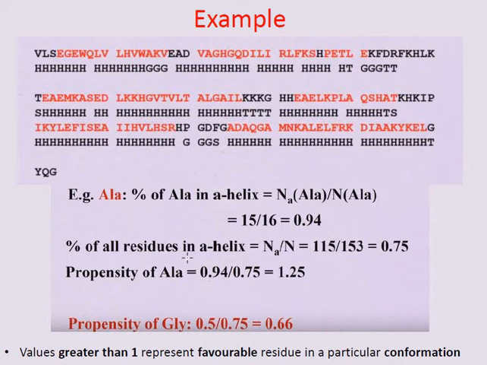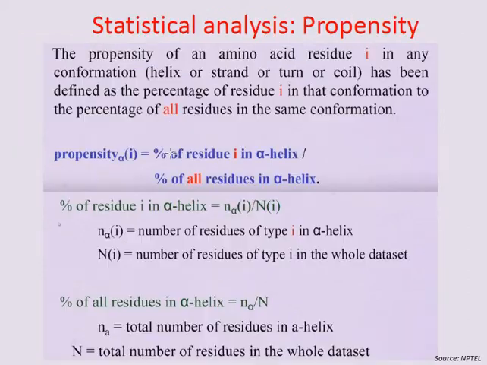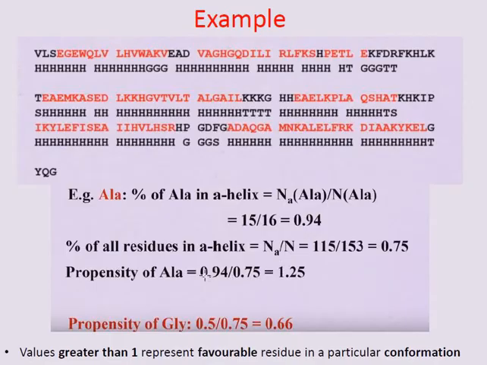Next is the percentage of all residues in alpha helix. There are a total of 115 residues highlighted in red, which form alpha helices, and a total of 153 residues. Dividing these values gives 0.75. So the propensity of alanine is the percentage of alanine in alpha helix divided by the percentage of all residues in alpha helix: simply divide 0.94 by 0.75, and you get 1.25.